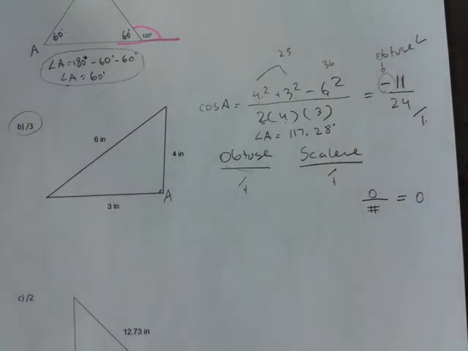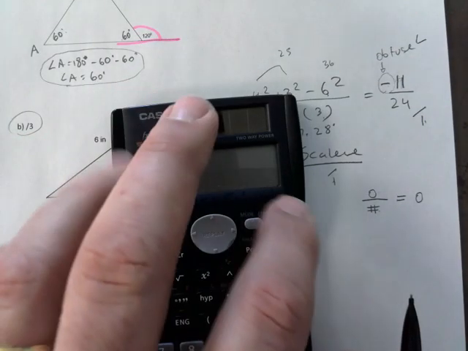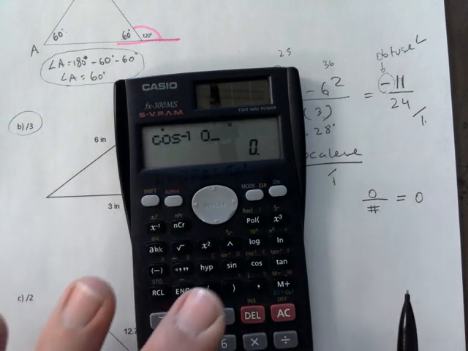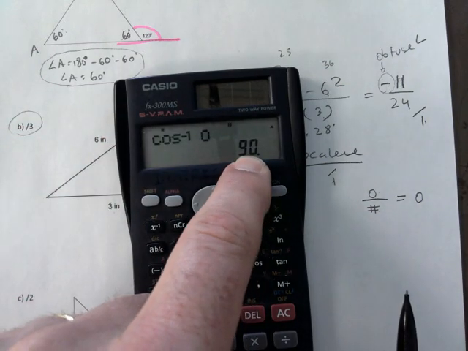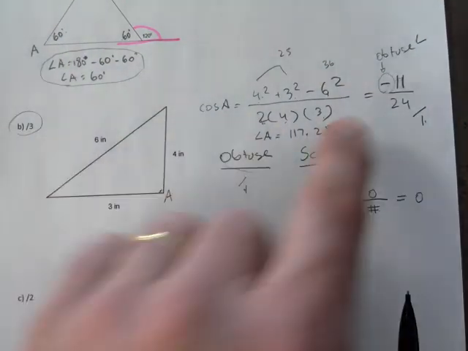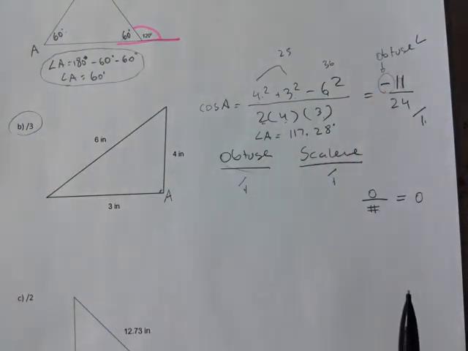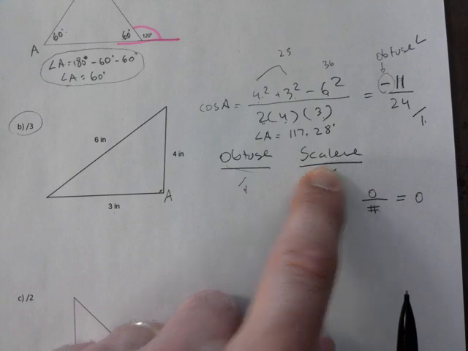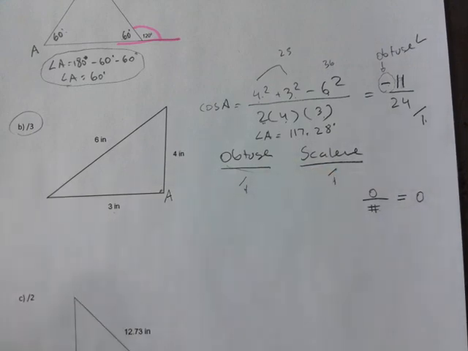And I don't know if you remember what cosine inverse of 0 is, because that's what it would be, right? Shift cos of 0 is 90 degrees. Okay? So if you get a 0 here, you can also just conclude that this is a right. This would have been a right scalene triangle. Okay, so keep that in mind.